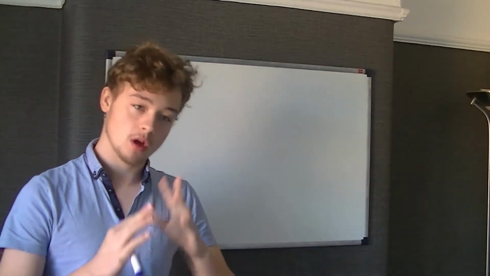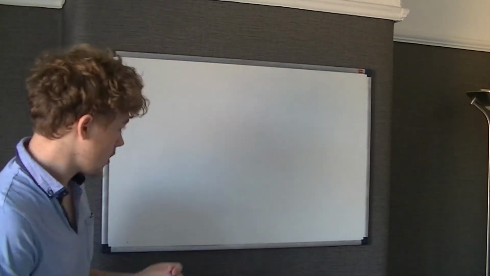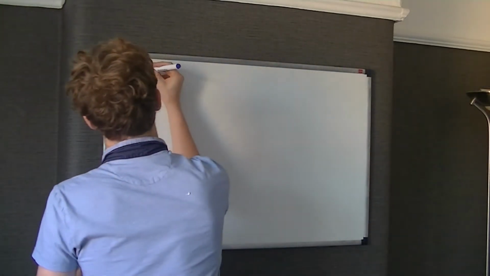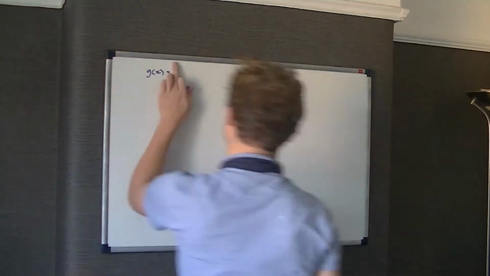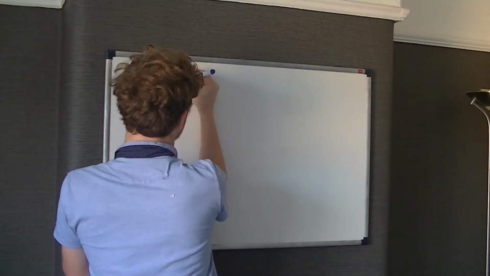So the thing to watch out for is that we are doing algebraic fractions, not partial fractions. The question says we're given a function g of x equal to x over x plus 3. That's x over x plus 3. Obviously, I'm assuming you've got the question paper next to you.